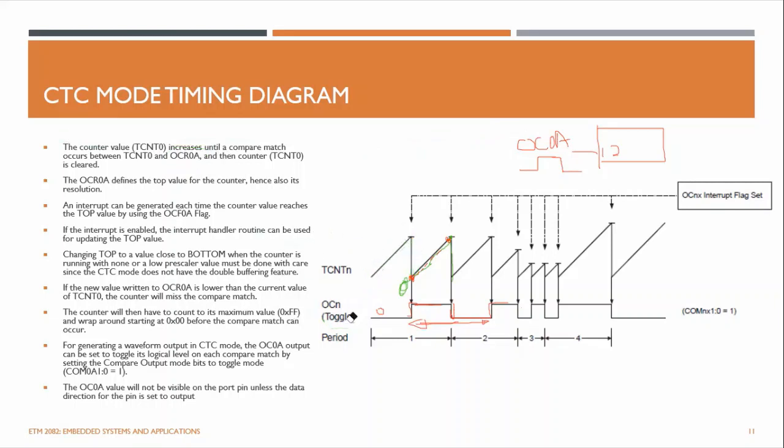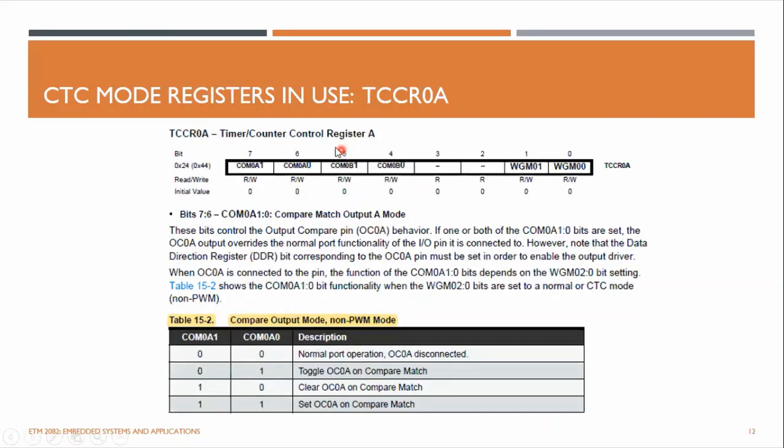So let's take a look at an example case. If you want to use the CTC mode, these are the registers that you want to use. Compare output mode, non-PWM mode, that is what you call CTC.